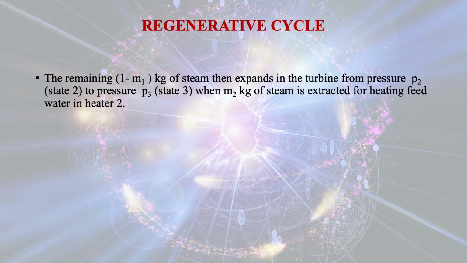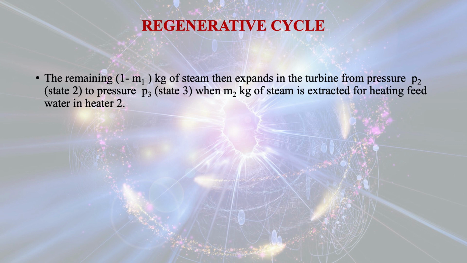But dear learners, you must remember that the initial pressure of steam before entering into the turbine is P1. The remaining 1 minus M1 kg of steam then expands in the turbine from pressure P2 at state 2 to pressure P3 at state 3.